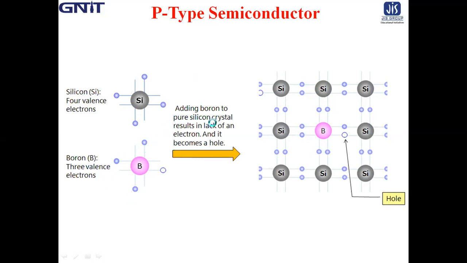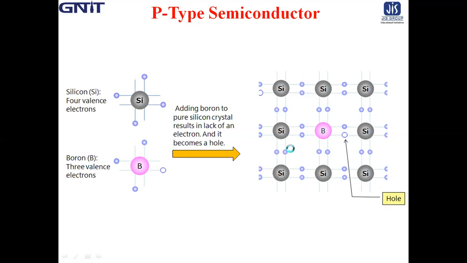Adding boron to a pure silicon crystal results in a lack of an electron, which becomes a hole. So the 3 valence electrons of boron are shared with neighboring silicon atoms to form covalent bonds. The fourth bond is not formed and there is a vacancy in the bond.